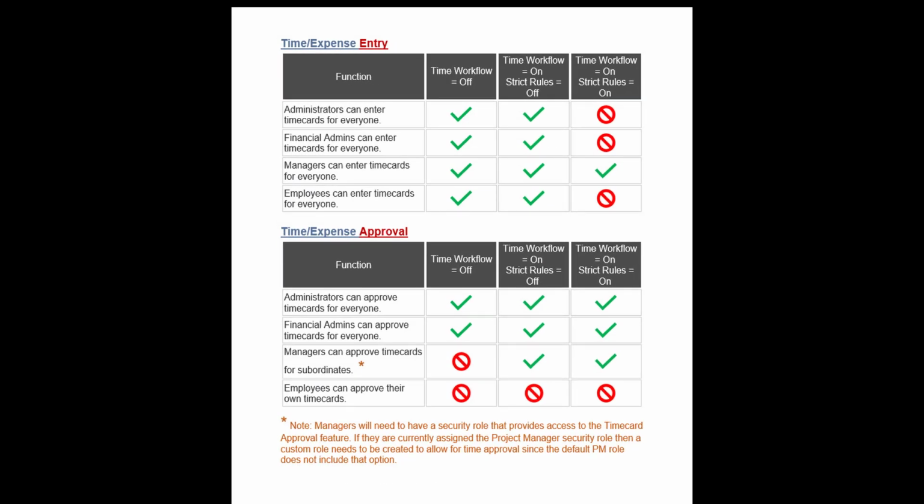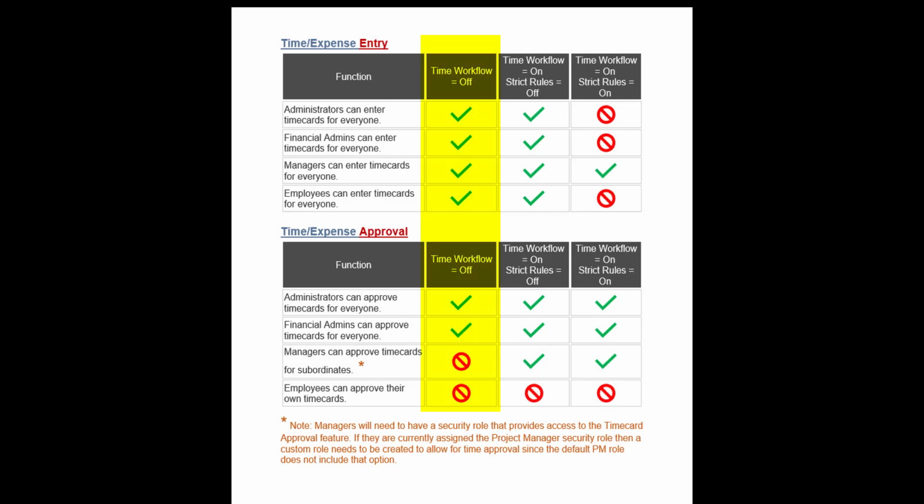Again, these settings are available to those subscribers with 5 or more licenses, to have the time workflow turned off altogether, to have the time workflow on with strict rules off, and the time workflow on with the strict rules on. You can see by these green check marks the options that each column offers.